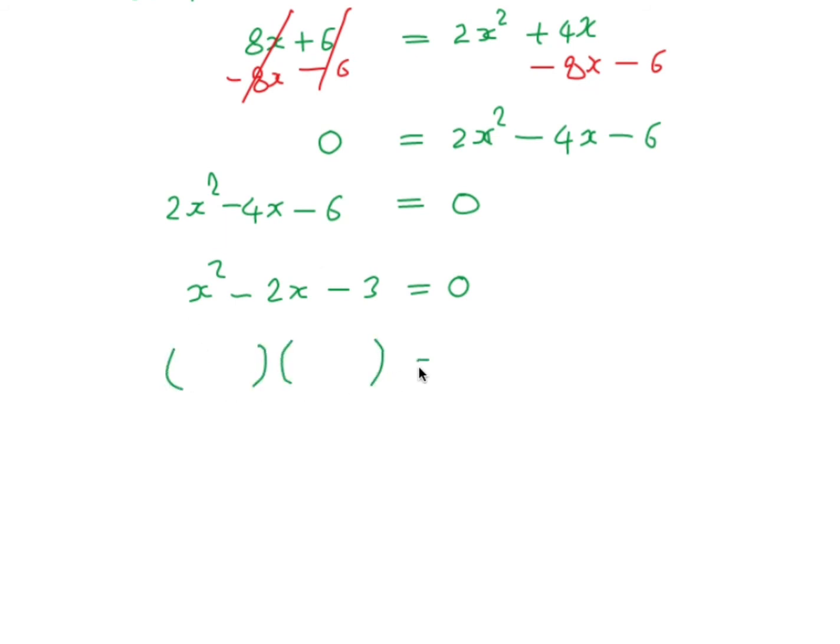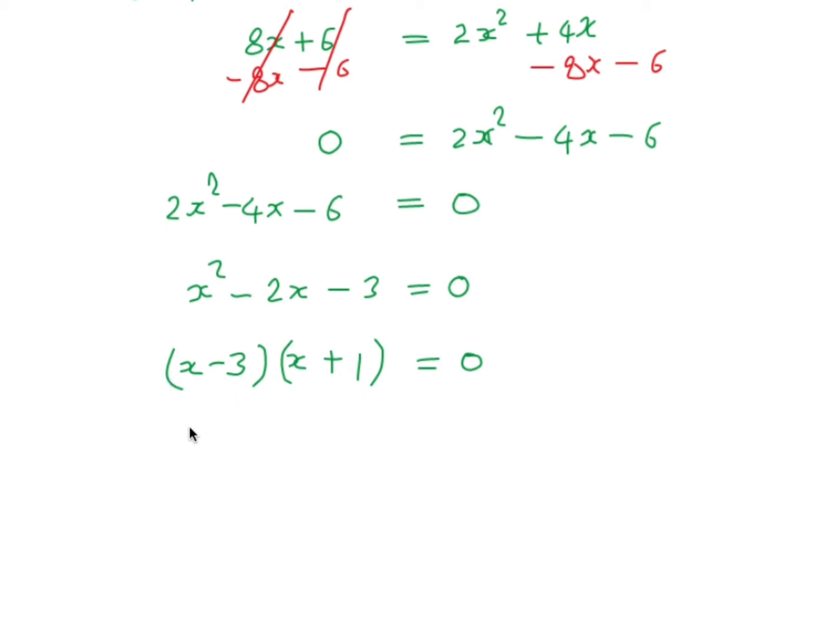So here we write x square, and the product is -3 and the sum is -2. So we want two numbers whose product is -3 and sum is -2. So this is -3 and 1.